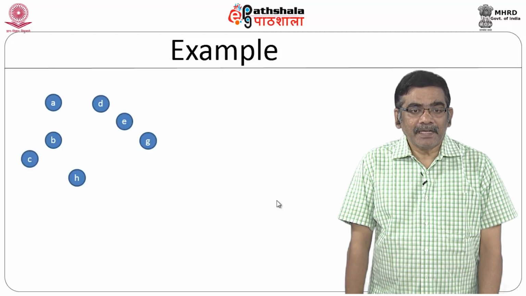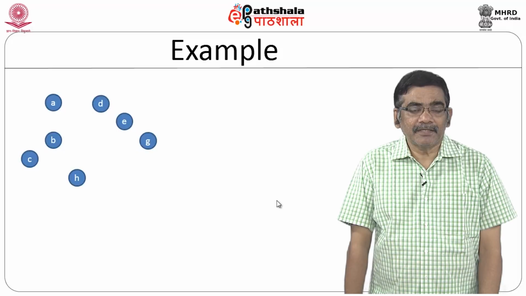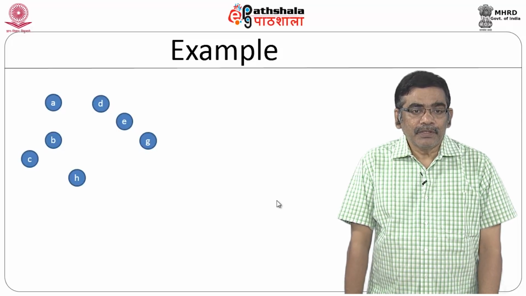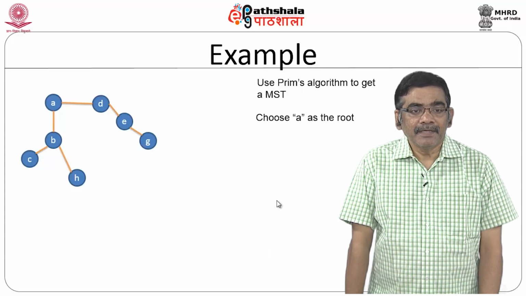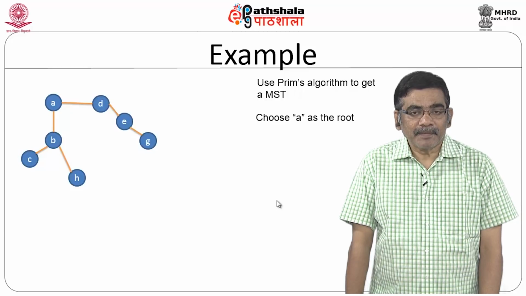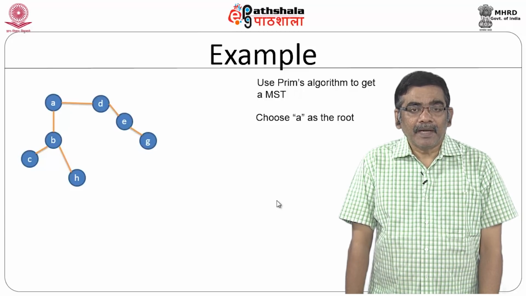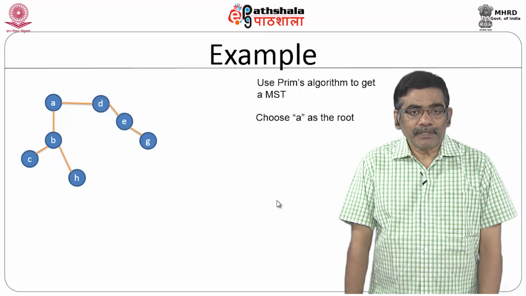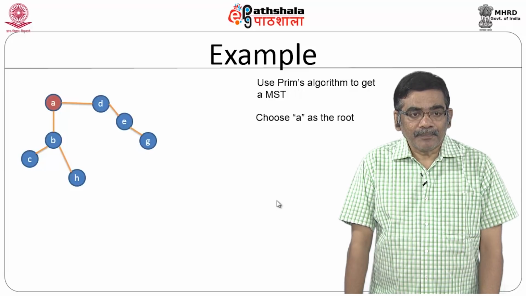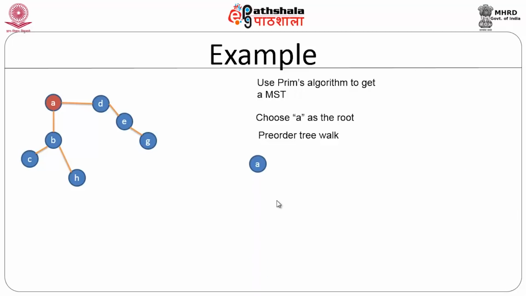We will take one numerical example for this. Let us assume that these are the nodes of the graph. I am going to find the minimum spanning tree for this. So, this is the minimum spanning tree. I am going to choose A as a root. As per the algorithm, what should I do? I should find the pre-order tree walk.